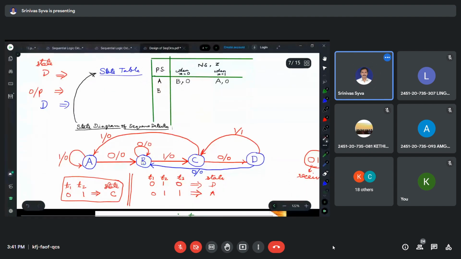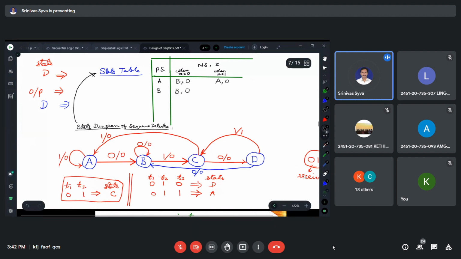When we are in the state B, if we receive 0, the machine will remain in the state B only. And the output will be 0. Is it clear? So now I will enter here. Next state will be B when x equal to 0. Bit received is 0. The next state will be B, and output will be 0.